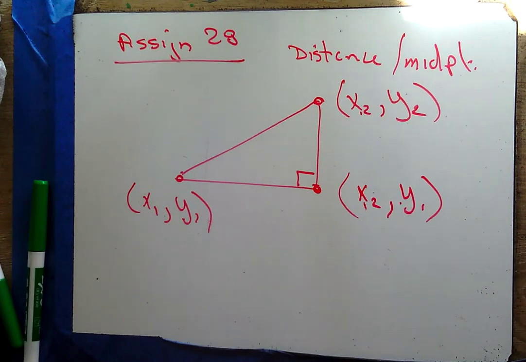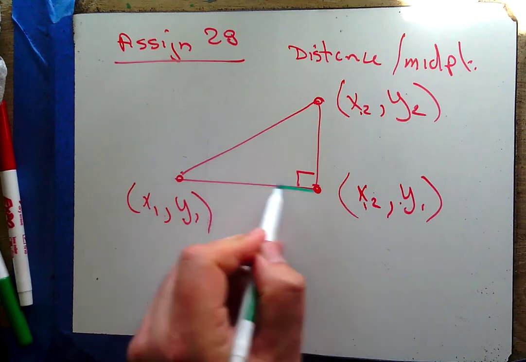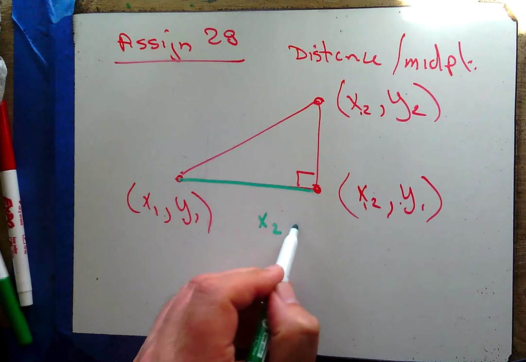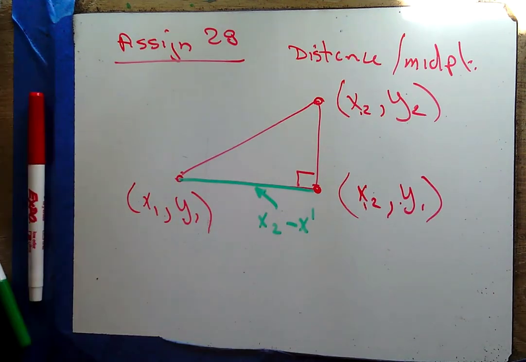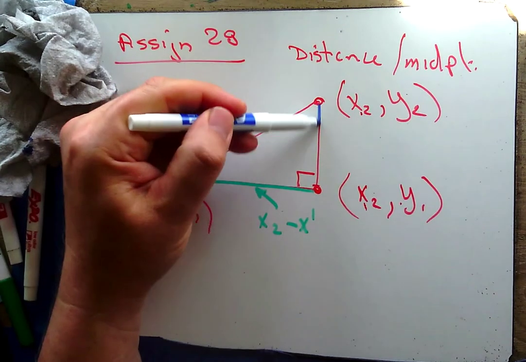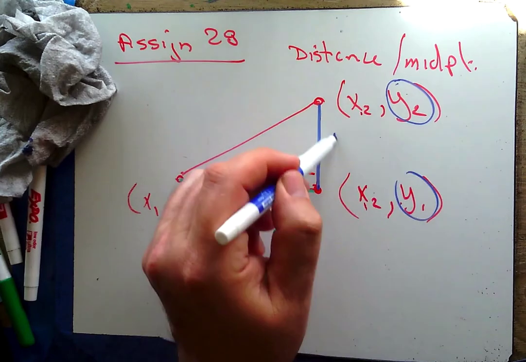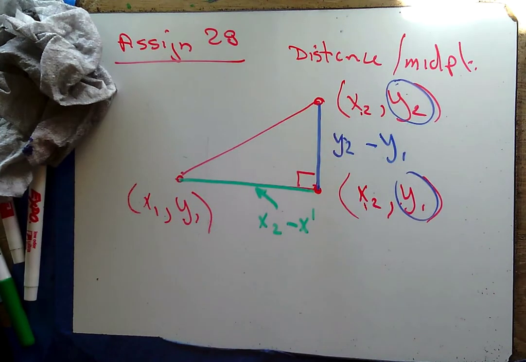So, if I want to describe this distance, I can think about it as x sub 2 minus x sub 1. And if I want to think about this distance, I'm going to think about that as y sub 2 minus y sub 1.